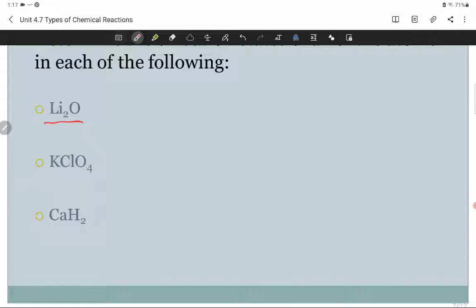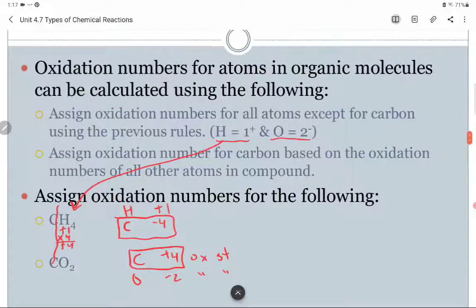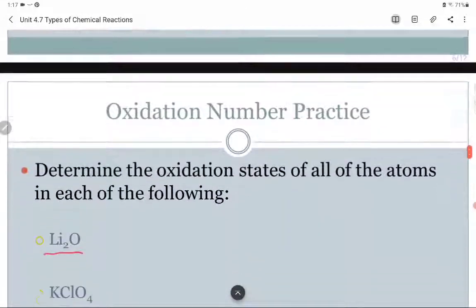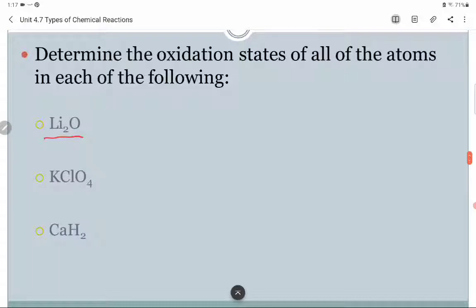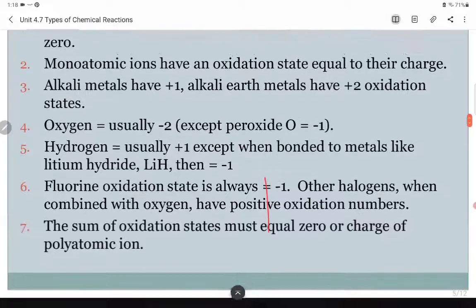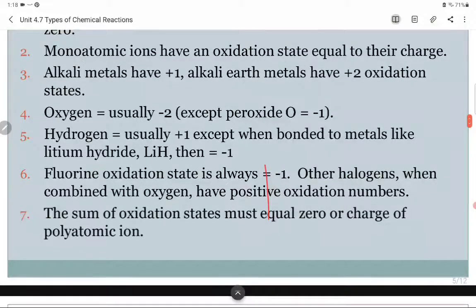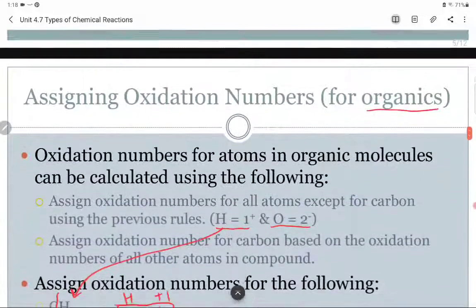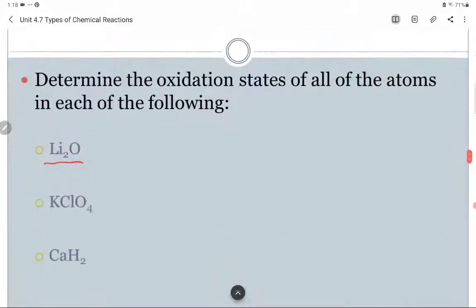There's no elementals. So the next rule, monatomic ions. We don't really have any monatomic ions there. That would be like if it was just lithium plus or whatever. So nothing yet. Rule number 3, alkali metals have a +1. Okay. Now we're talking.